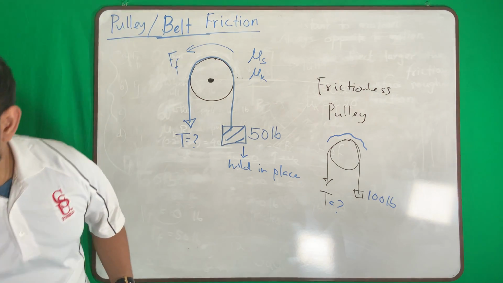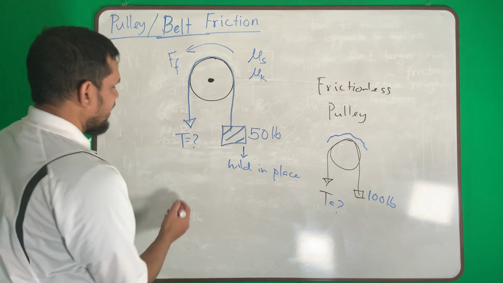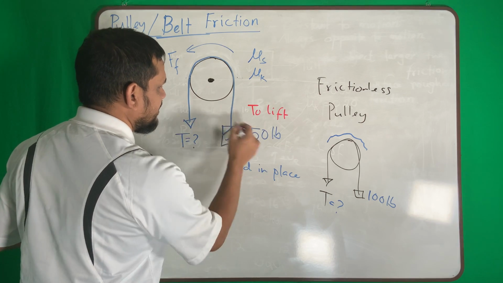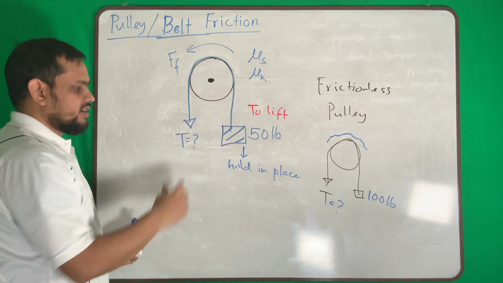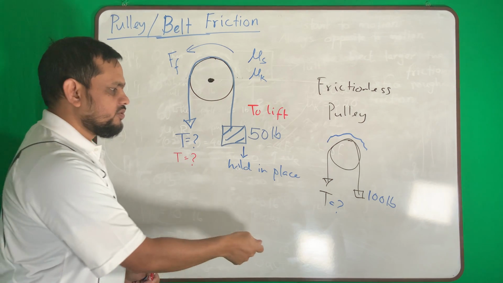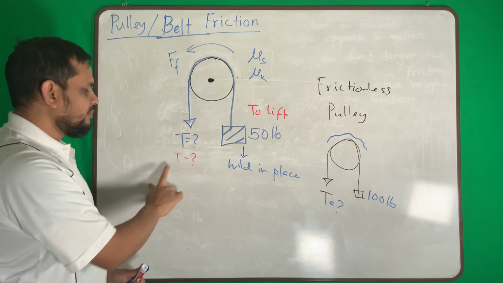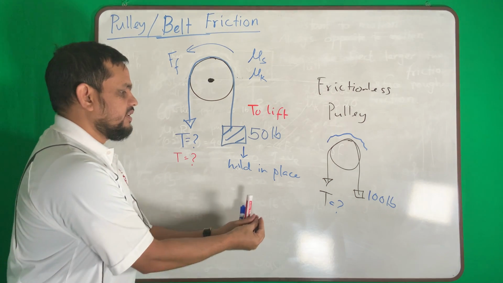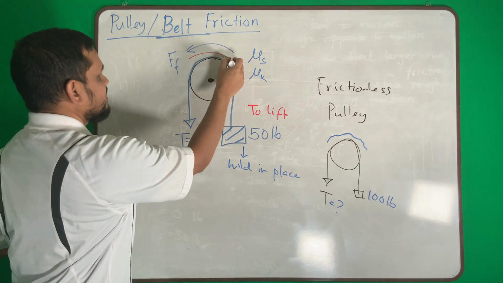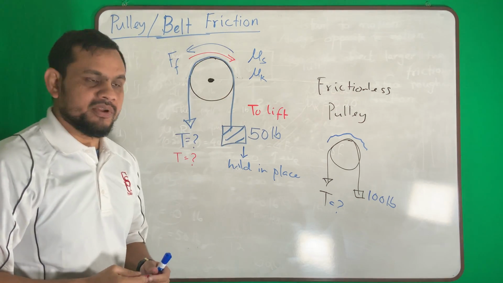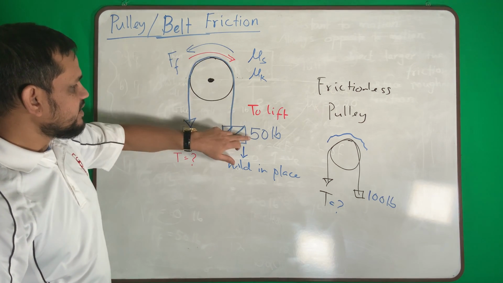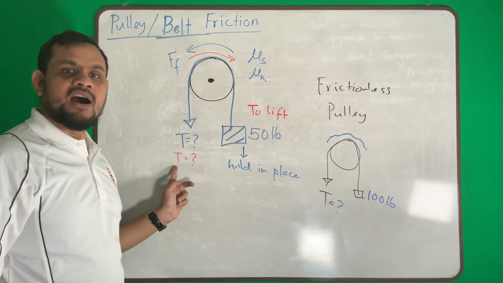If the case is opposite, the question is to lift. If I want to lift this object, what is the value of T? If I want to lift it up, the motion is this way, so my frictional force will be that way. So T will be equal to this plus this. In that case, T will be higher.